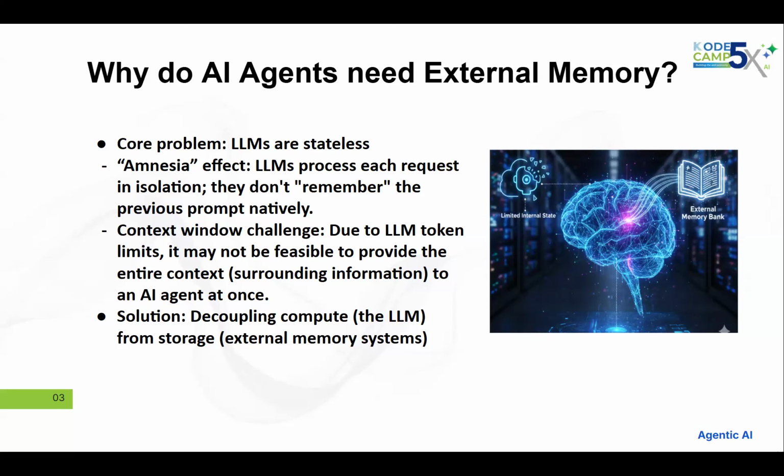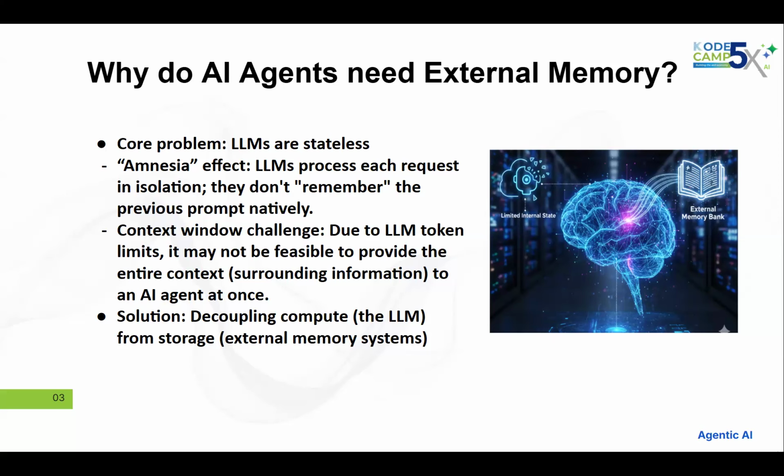There's also the problem that LLMs have token limits, so they have a context window. How much context can you provide? It's limited by the token limit of that LLM. So sometimes it's not feasible to provide the entire context. Context here refers to surrounding information about whatever the user's prompt is.